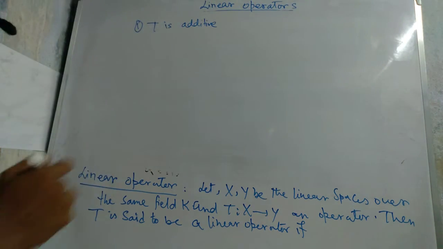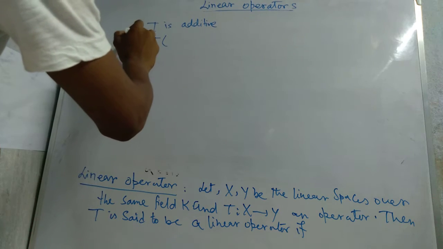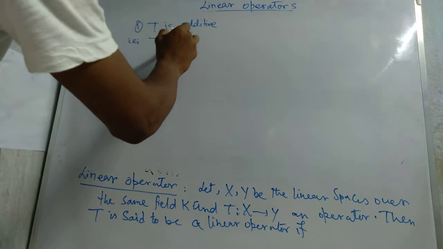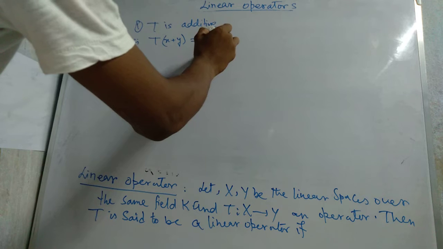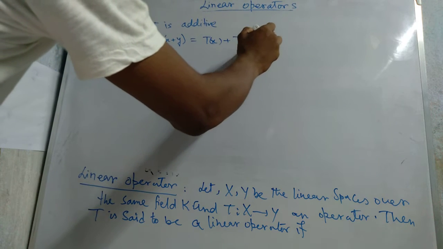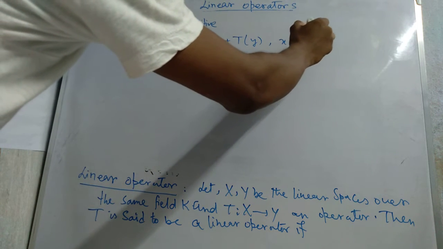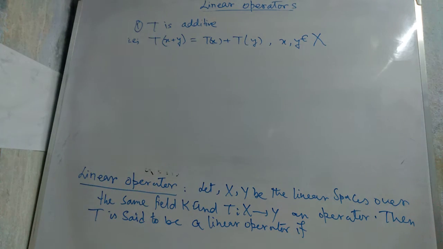Additive means that T of x plus y equals T x plus T y for all x, y belonging to X.